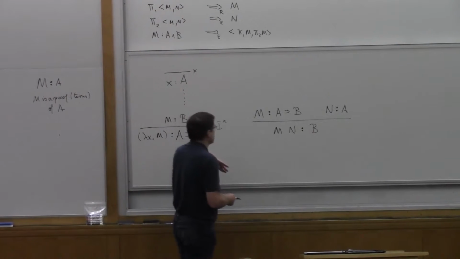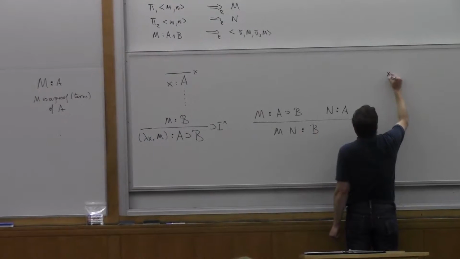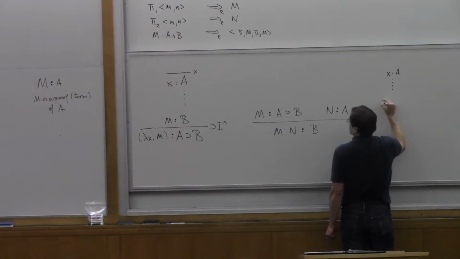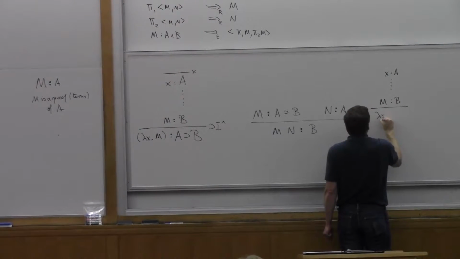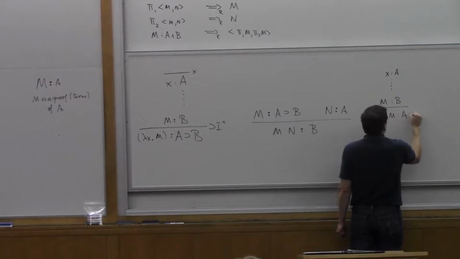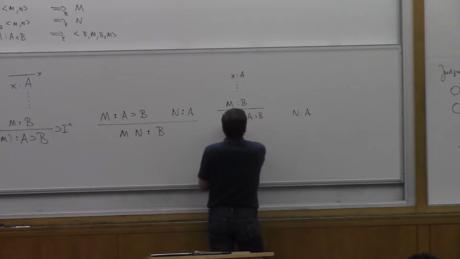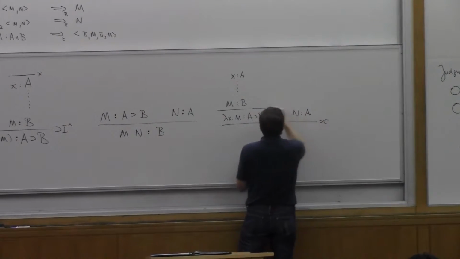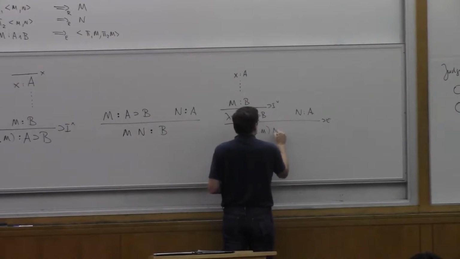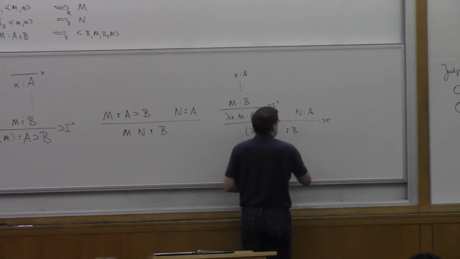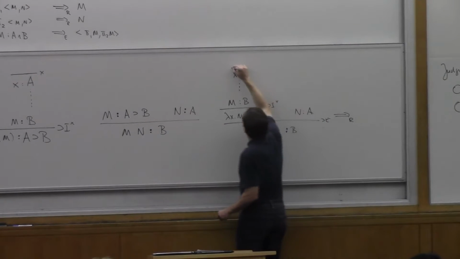So if we introduce that and then eliminate it, what does it actually look like? Let's actually write it down, because we go from x colon A to M colon B. And then we have lambda x dot M, which is A implies B. And then here we have an N of type A, and then we apply implication elimination, and we get lambda x dot M applied to N. That's going to be our proof of B. And now our local reduction, I should justify this also like that.